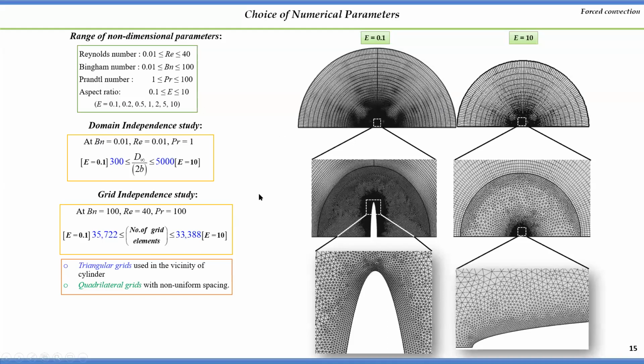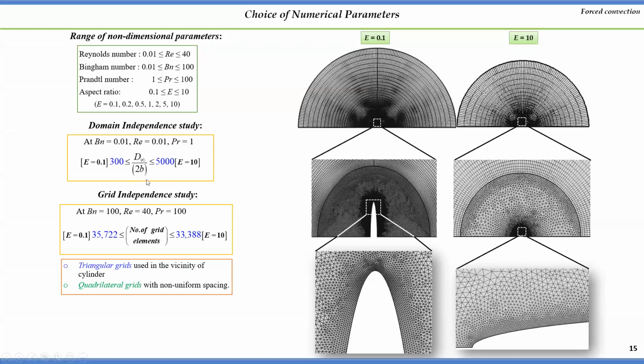So we cannot consider a very huge domain which will really resemble the unconfined condition, because the moment you make the domain larger and larger, you are putting a lot of computational effort into solving that set of equations. Similarly, if you discretize the domain into more and more cells, you are putting more computational effort into solving the problem. So we need to optimize these numerical parameters by conducting certain tests.